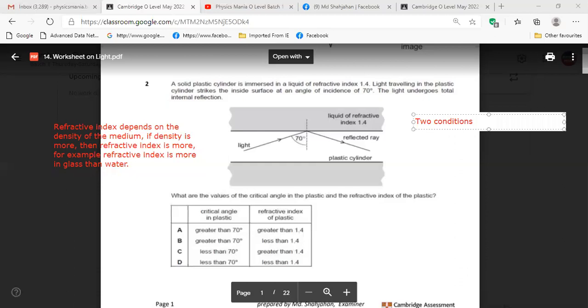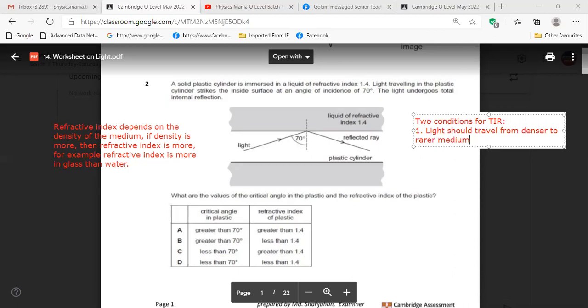Yes, sir. Two conditions. All this you know, I'm just repeating. Two conditions for TIR. I'm writing in short. TIR means total internal reflection, right? So what is the first condition? Light should travel from denser to rarer medium, right? Rarer medium means less dense, right?